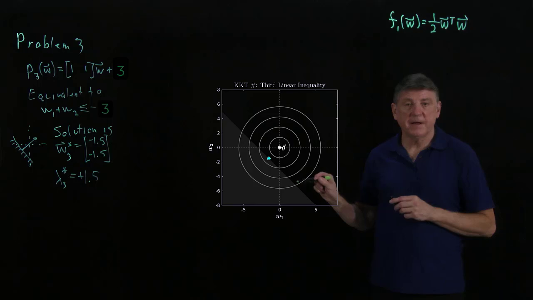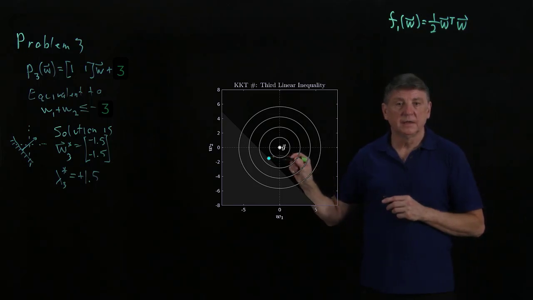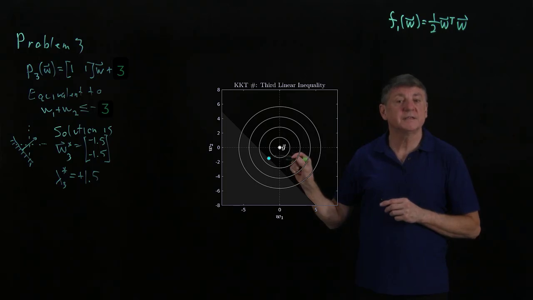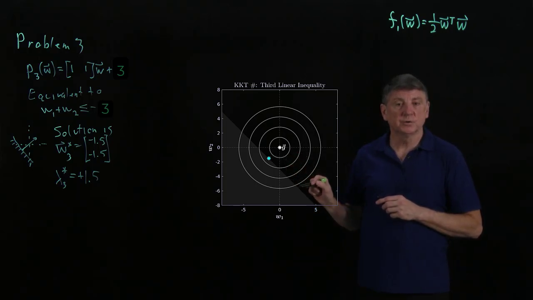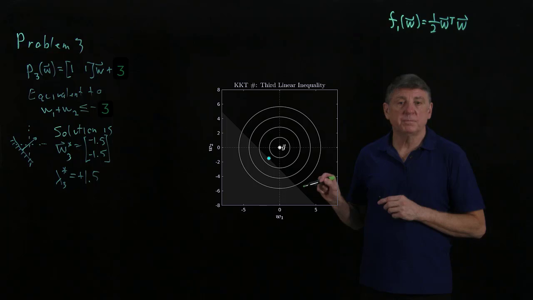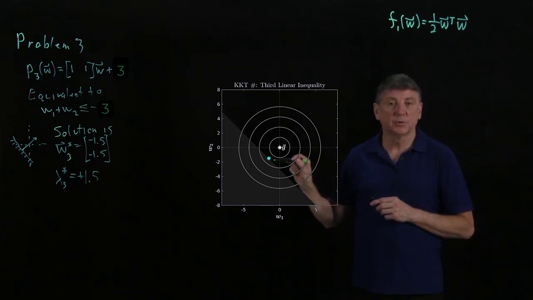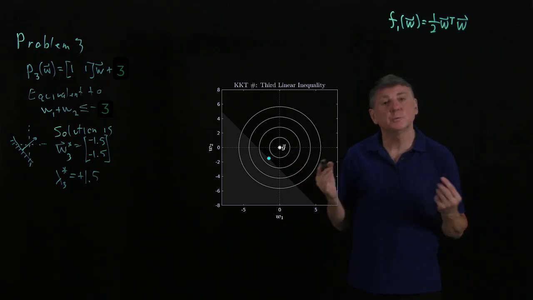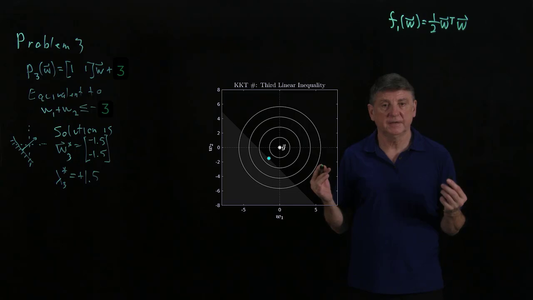And of the points on the boundary, the one here, minus 1.5, minus 1.5, is the one that has the smallest vector norm. You could also think of it as what point on this boundary has the lowest level for the objective function. Those would be equivalent ways of thinking of it.